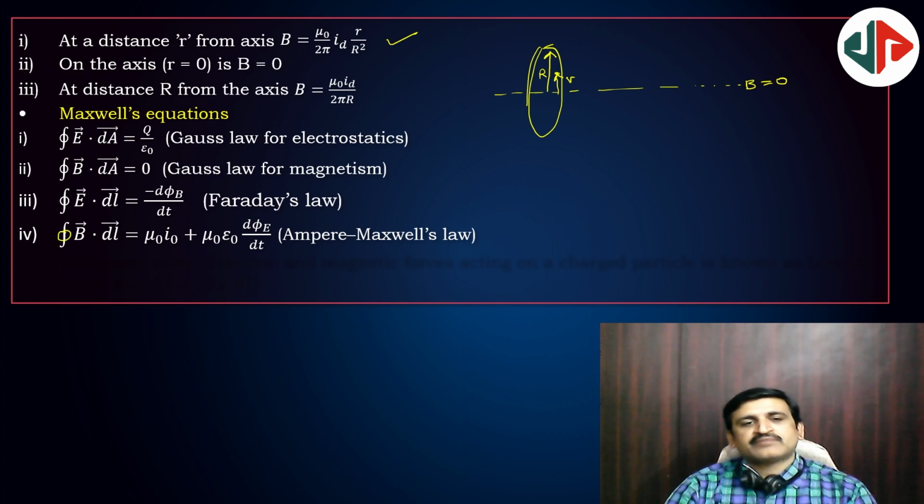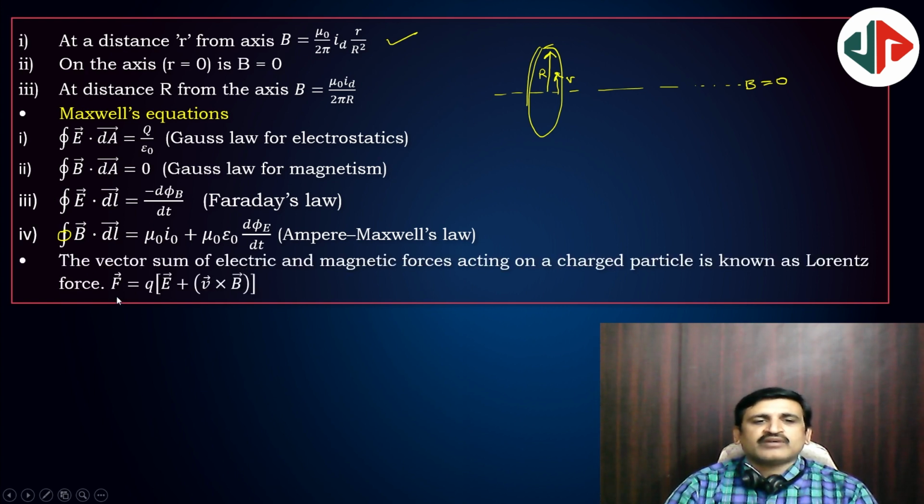This is Ampere Maxwell's law, and the second part, mu naught epsilon naught d phi by dt, is the displacement current. And the vector form of electric and magnetic field forces on a moving charged particle is characterized by the Lorentz force, that is F bar equals Q into (E bar plus V bar cross B bar).